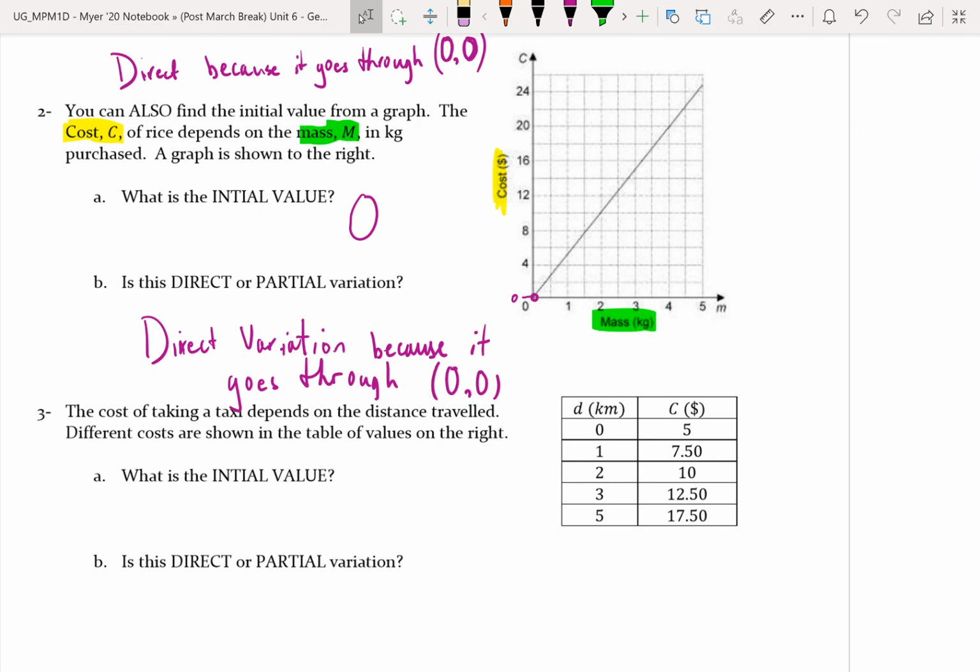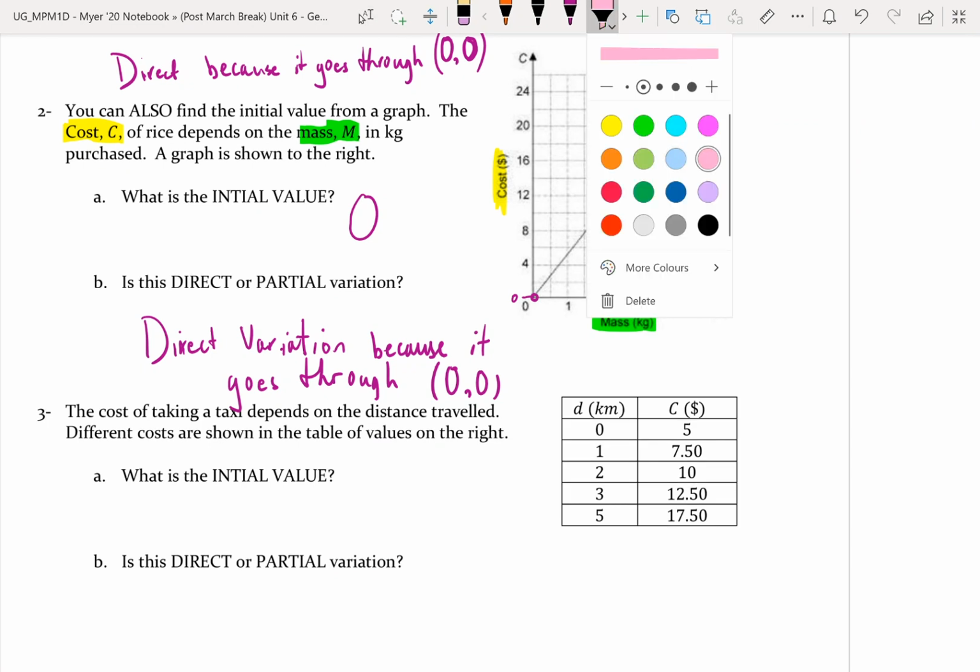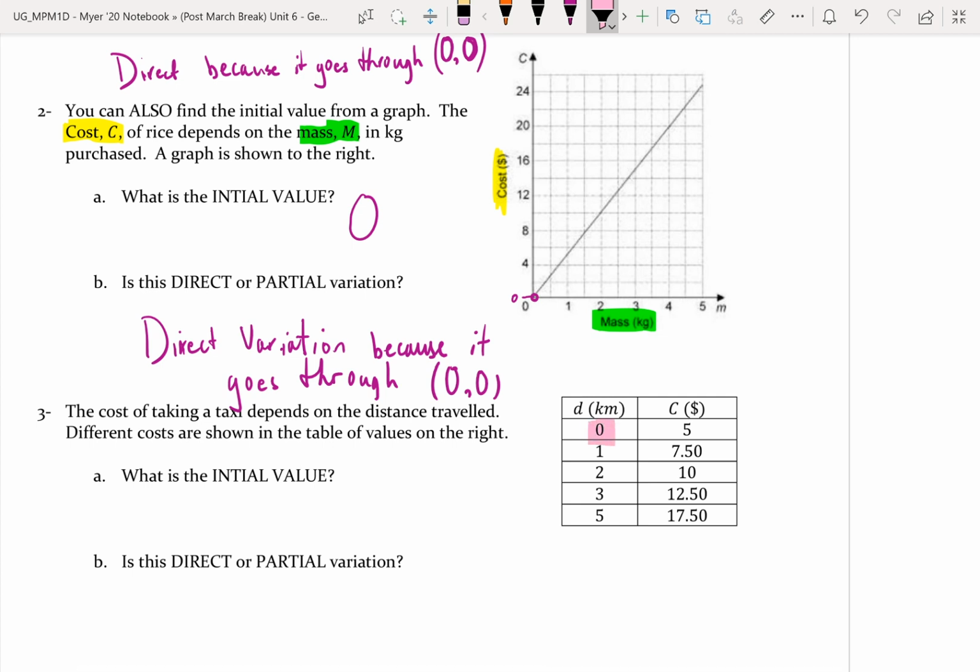Now let's look at this one. Again, we're trying to figure out when x is equal to 0. In this case, when x equals 0, y equals 5. So what's the initial value? 5.